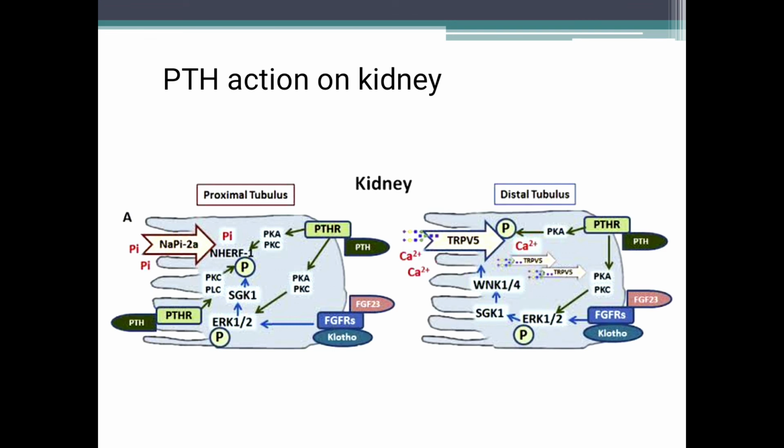So, action on the kidney: in the proximal tubule, the parathyroid hormone decreases sodium phosphate absorption, and in the distal tubule, it increases calcium absorption.